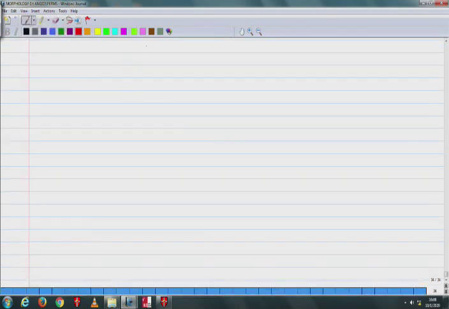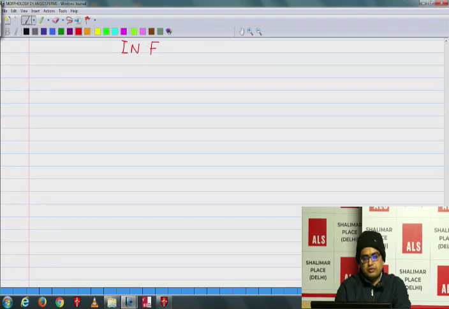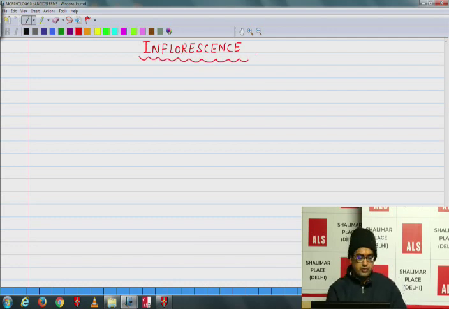So please put the heading inflorescence and types of inflorescence. We are going to discuss the types of inflorescence today. Inflorescence is a group of flowers. How do you define an inflorescence?